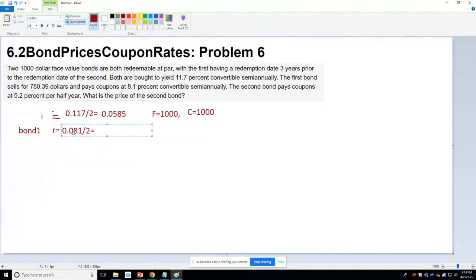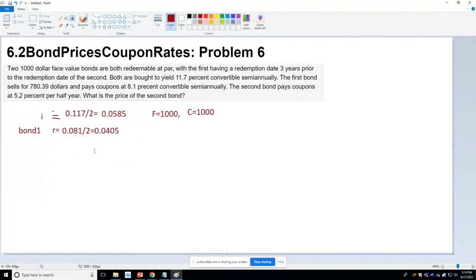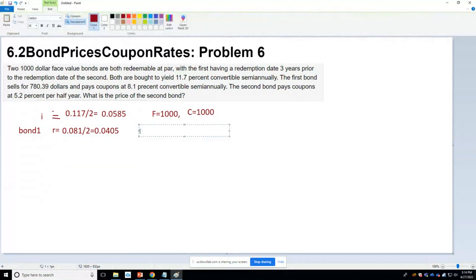That was the coupon rate, which gave us 0.0405. The bond price P is 780.39. The second bond coupon rate is 5.2% per half year.